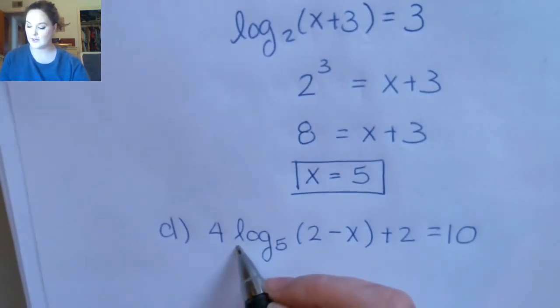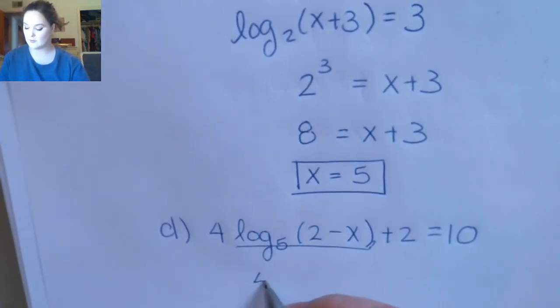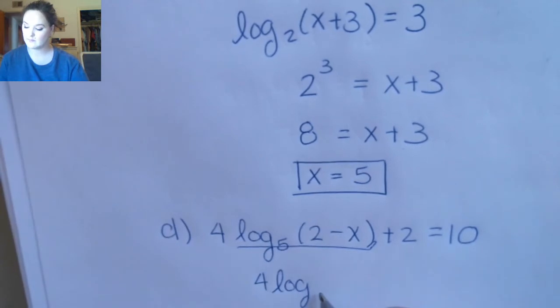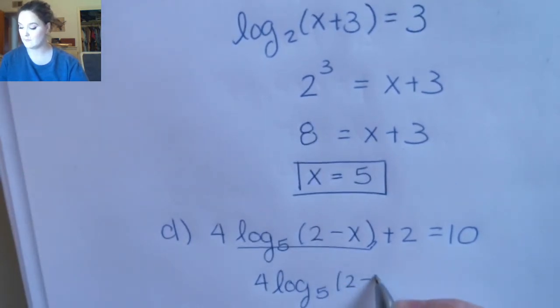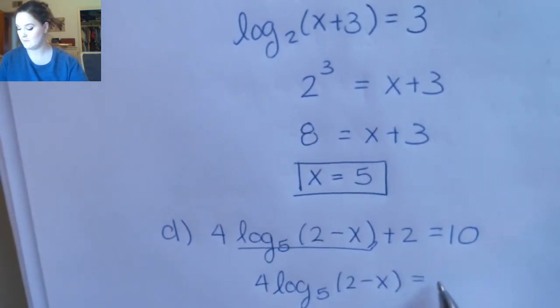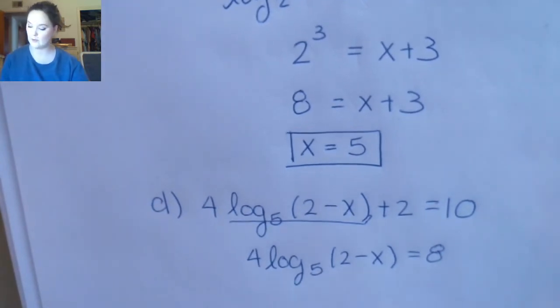I want to isolate my log, so I'm going to subtract 2, and then I'm going to divide both sides by 4.